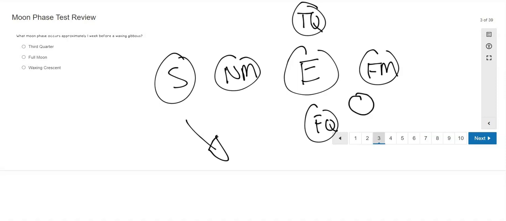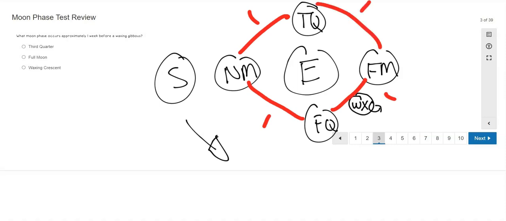So we know that our waxing gibbous is going to be right here, and it wants to know 1 week before. So we know that each of these main moon phases is 1 week, and so it would make sense that from here to right here would also be 1 week, and that is going to be a waxing crescent.